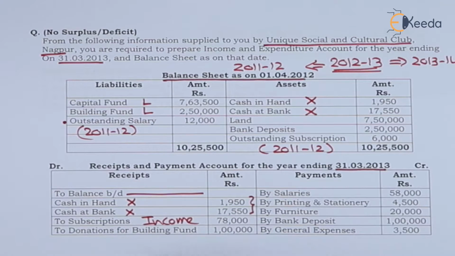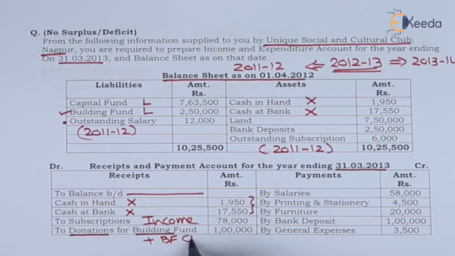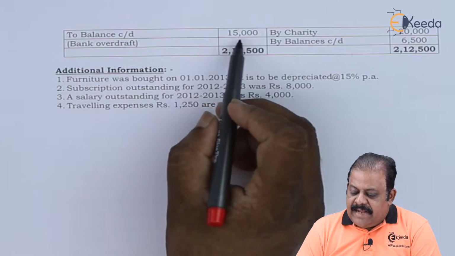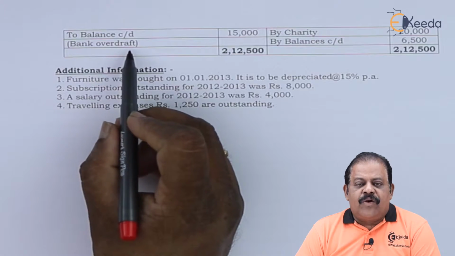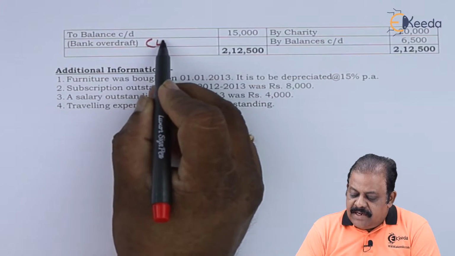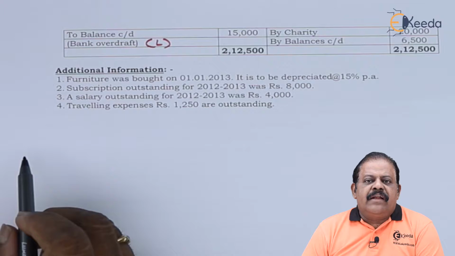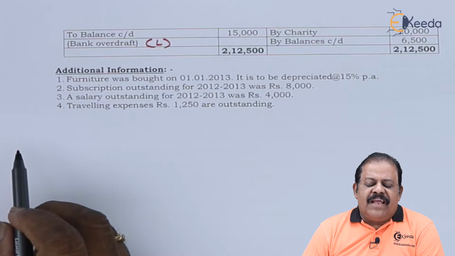This will be recorded as income first in the income and expenditure account. Donation for building fund. This is a special donation for building fund, so it has to be added to the item of building fund on the liability side. To balance carried down, that is bank overdraft. It's a liability. It will be recorded on the liability side of the balance sheet.